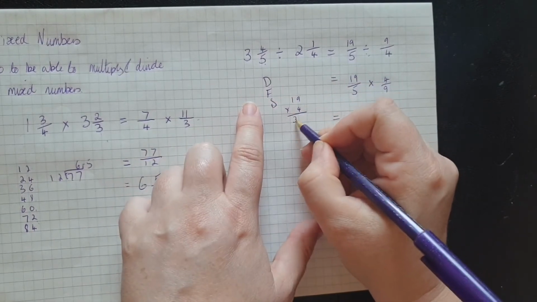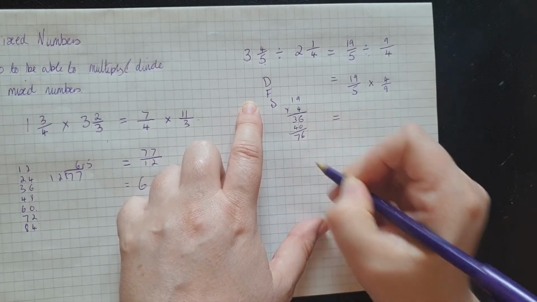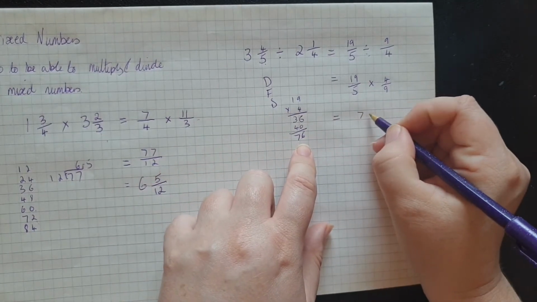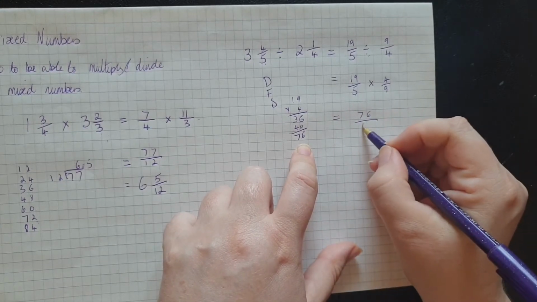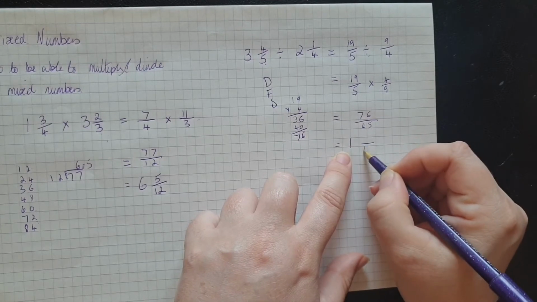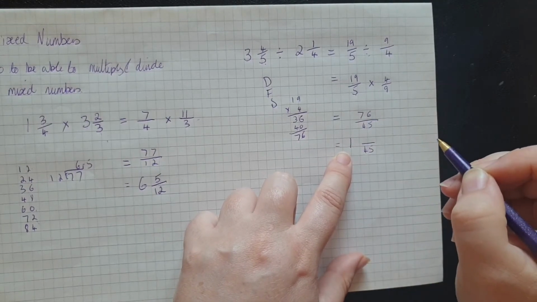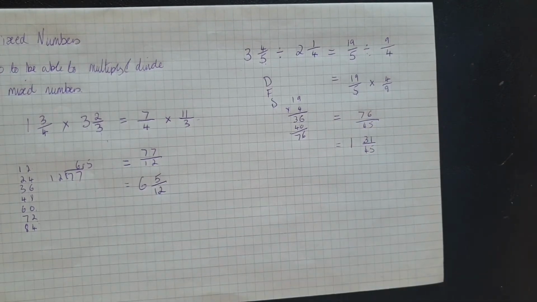4 times 9 is 36, 4 times 10 is 40, gives me 76. 5 times 9 is 45, gives me 1 and 31 over 45.